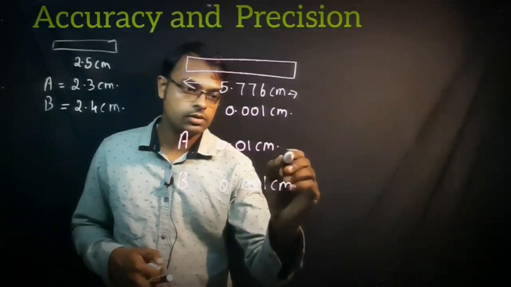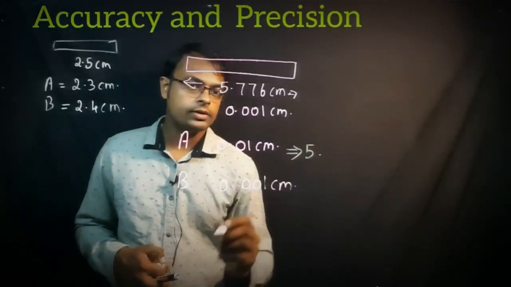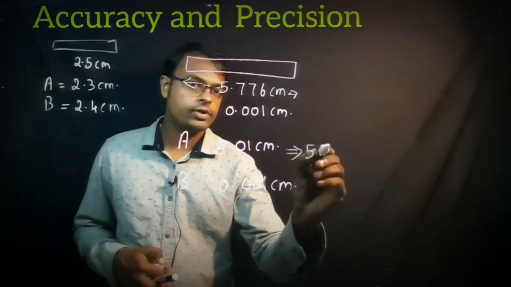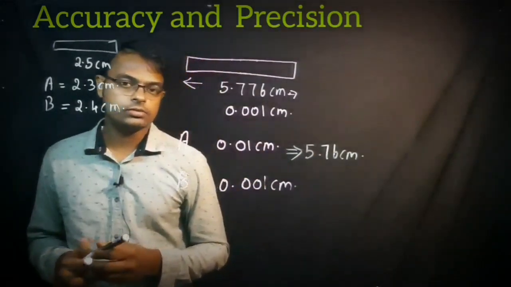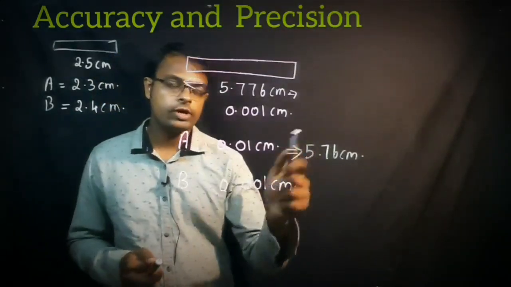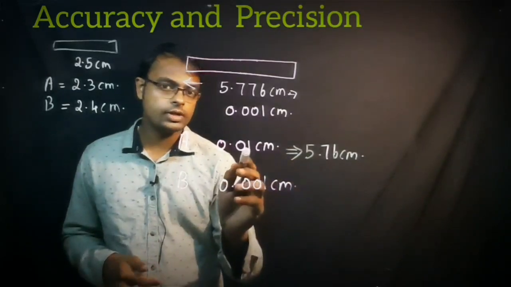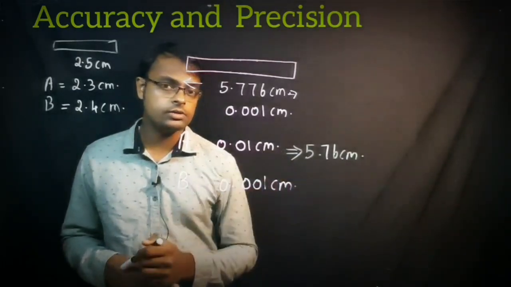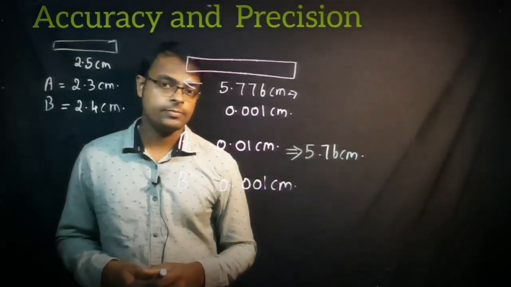I'm writing here simply an example. First student A got the value 5.76 centimeter. So he is using an instrument having least count 0.01 centimeter, so he got only two decimals, 5.76 centimeter.